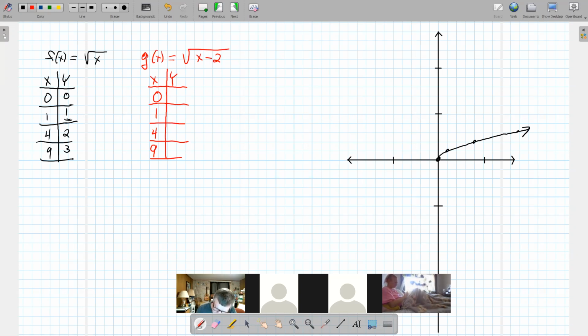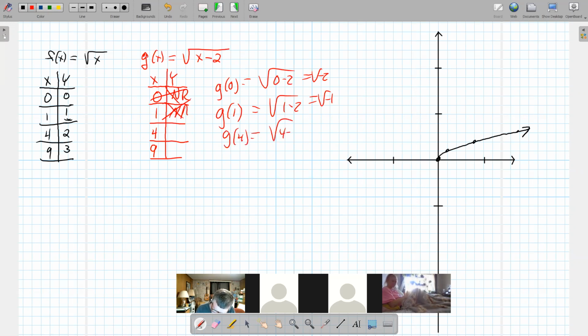All right, g of 0 is going to be what? The square root of 0 minus 2, which is the square root of negative 2, which is not real, so I can't do that. g of 1 is going to be the square root of 1 minus 2, which is the square root of negative 1, which is not real. I can't do that. g of 4 is going to be the square root of 4 minus 2, which is the square root of 2, which is 1.414, blah, blah, blah. Not nice.